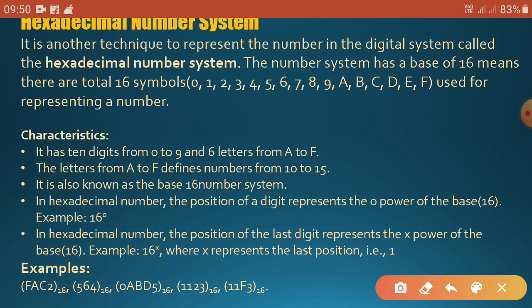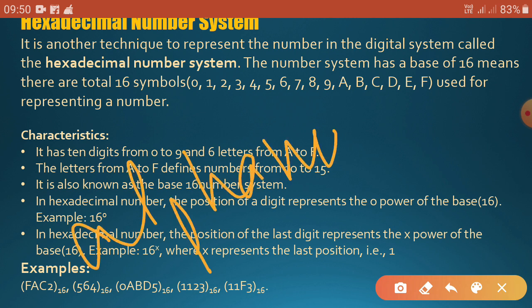The position of each digit in a hexadecimal number represents a specific power of base 16 of the number system. As there are only 16 digits, 4 bits of the binary number system can convert any hexadecimal number into a binary number. It is known as an alphanumeric number.